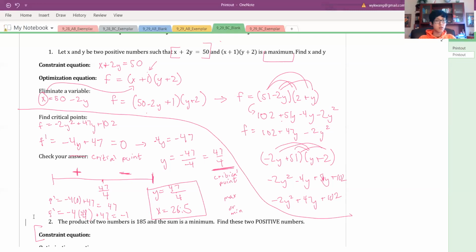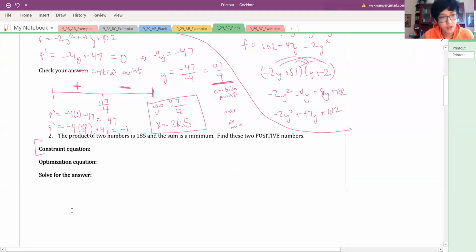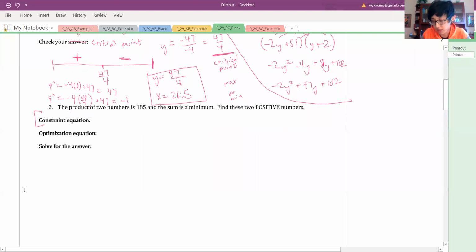I disagree. I said x times y equals 185. Gotcha. Yeah, so that is the correct answer. I think it's easy to kind of overcomplicate these problems, or at least this one. All that we need to focus on for the constraint equation is that the product of two numbers is 185. That's it. So let's say our two numbers are x and y, right?